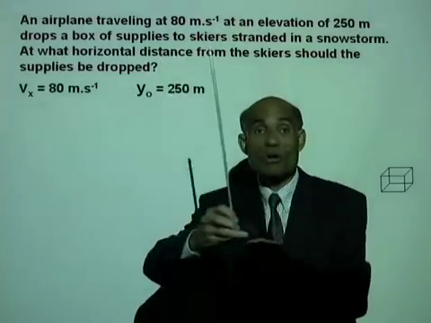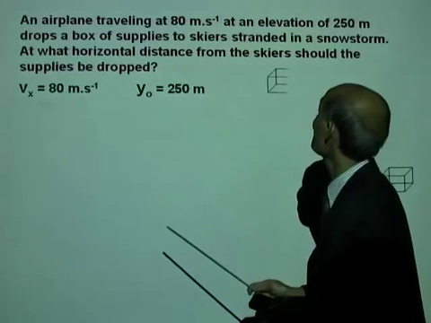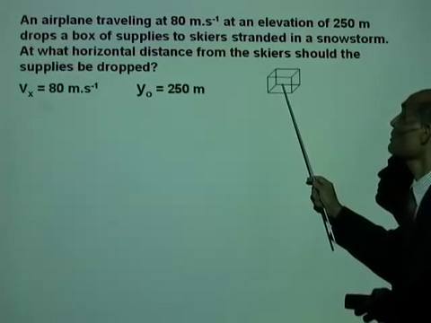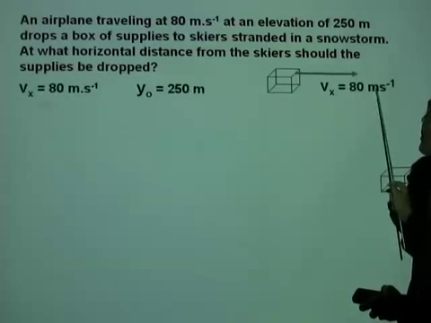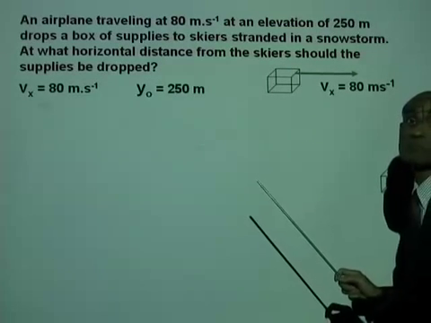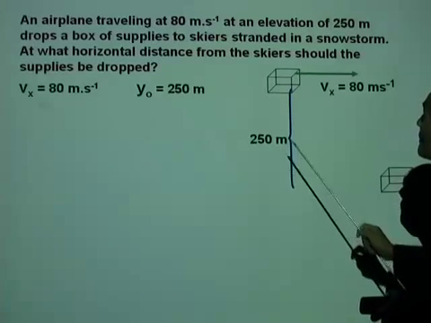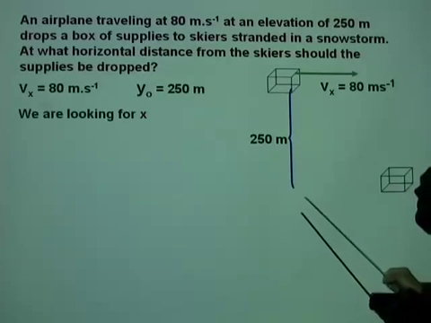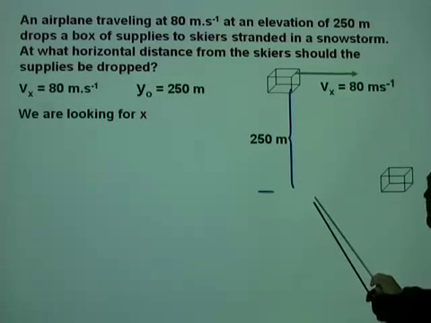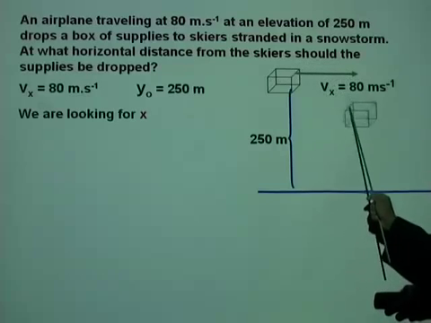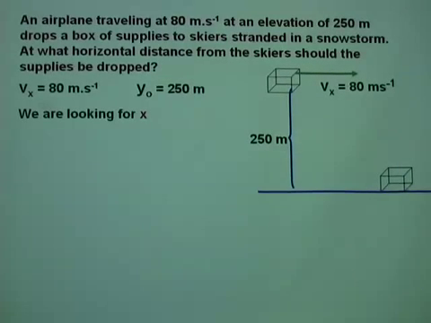And y0, the height from where it is projected, is 250 meter. Now here's the box that is dropped. Its horizontal velocity is 80 meter per second. And it is dropped from a height of 250 meter. We are looking for x, this distance. That is, where the box comes and falls on the floor.